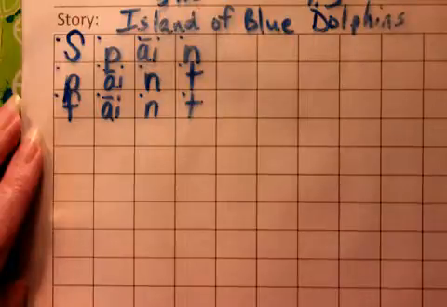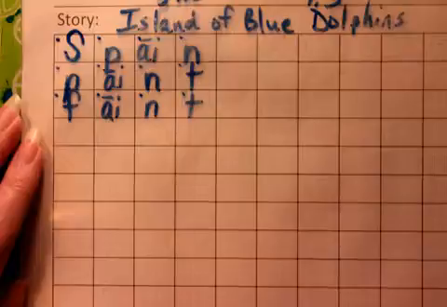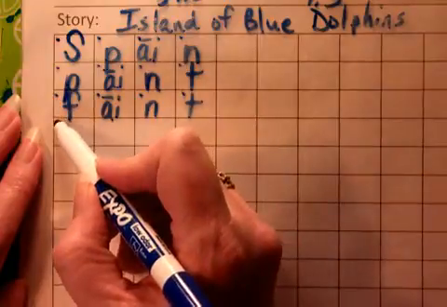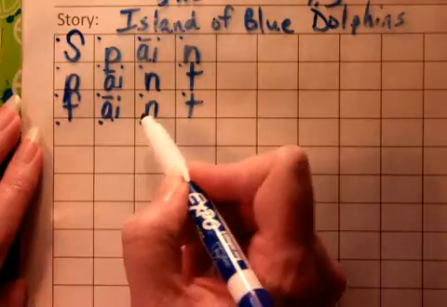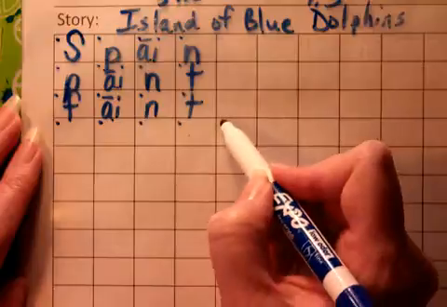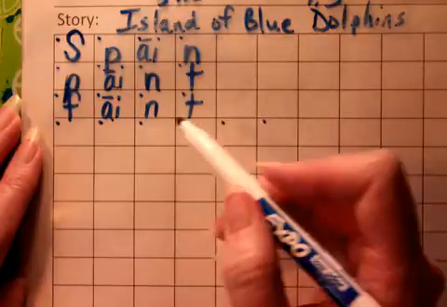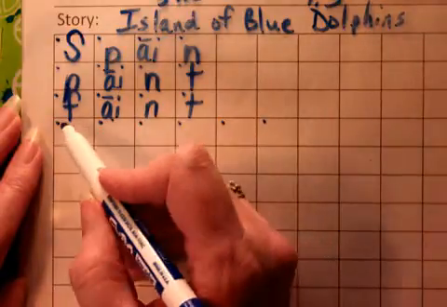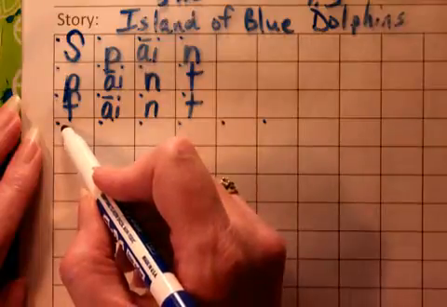The next word is a two-syllable word. A syllable has to have a vowel sound. So if I have two vowel sounds, then I have two syllables. The word is maintain. I have two A sounds. Let's sound it out. M, my lips are closed.